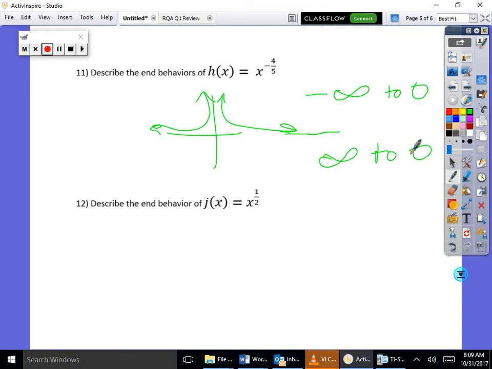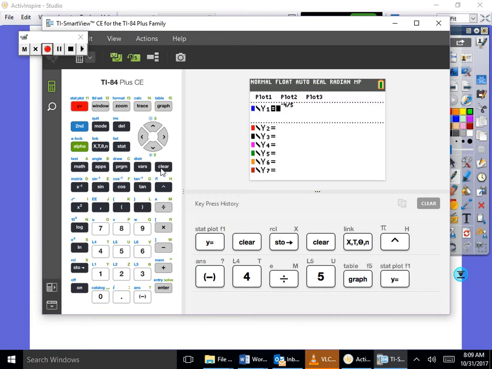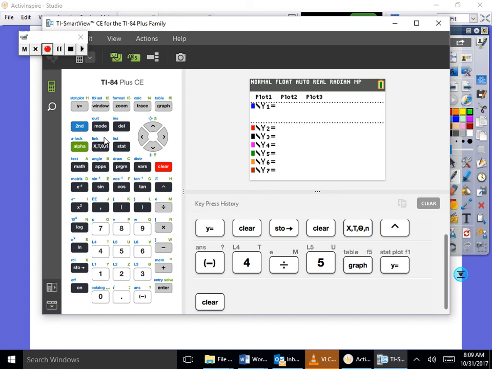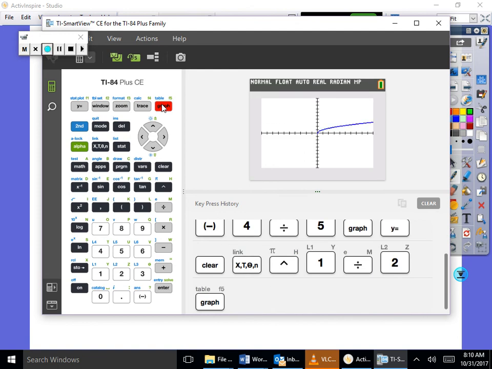All right, the next one you can either enter as the square root of x or x to the 1/2. Clear. How do you want me to do? Square root or 1/2? 1/2, okay. So x to the 1 divided by 2. Hit graph. Okay.